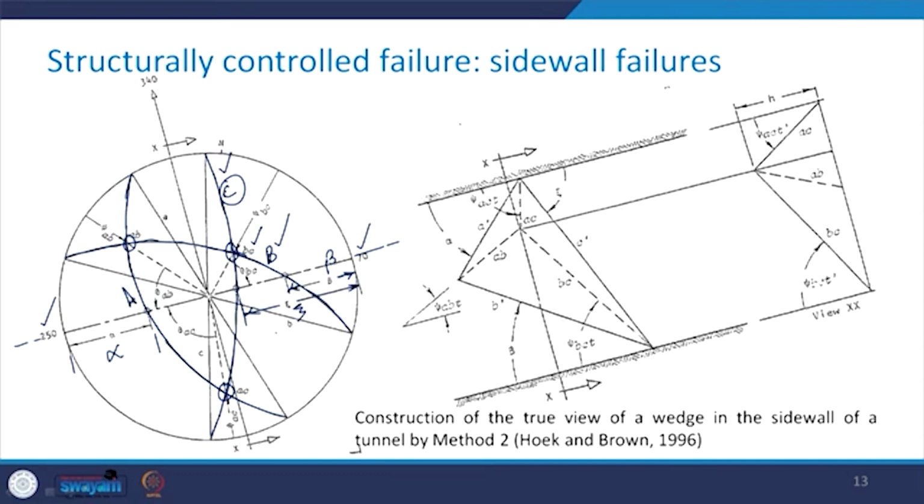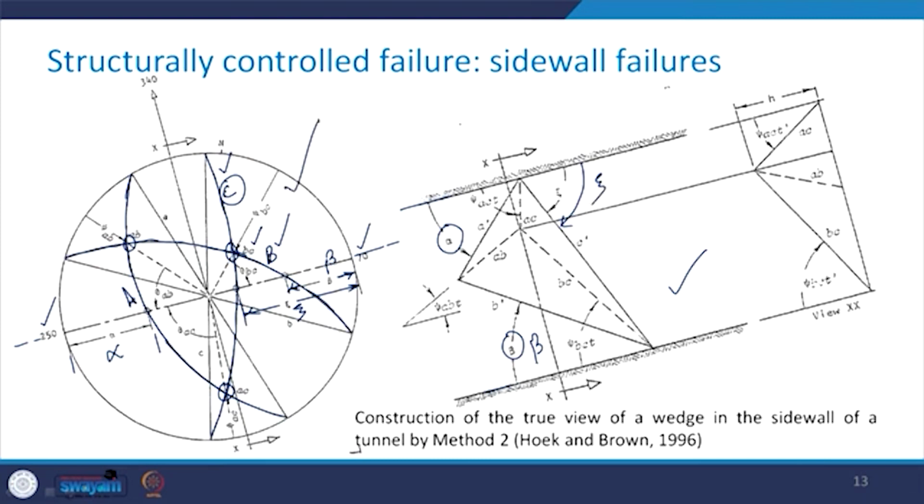So, this is how we can determine this alpha, beta and zeta, and the construction of the true view of a wedge in the side wall using this method too has been shown here, where you can take a look that this angle is alpha with the tunnel side, and this angle here it is beta, and this angle is zeta. How to determine these?